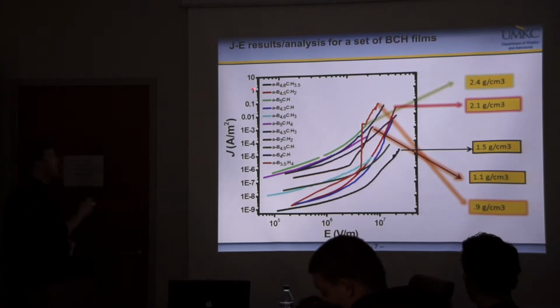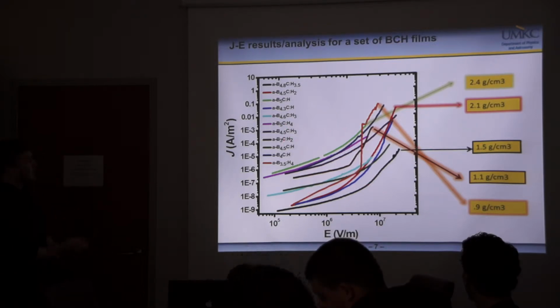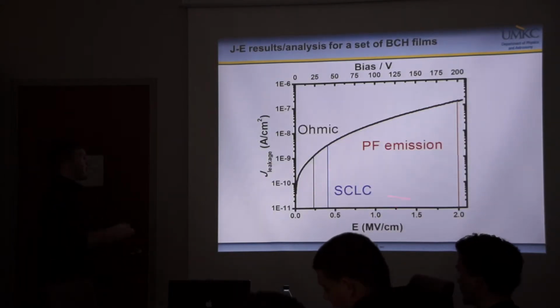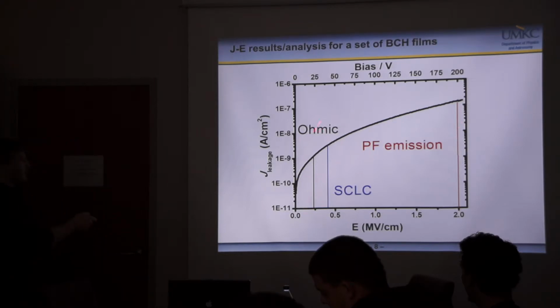Here are the results of J versus E for various stoichiometries and densities. You can take just one of those curves. This is a very typical curve, and we can look at different regimes in which we see ohmic, space charge limited, and Poole-Frenkel emission as a function of bias.